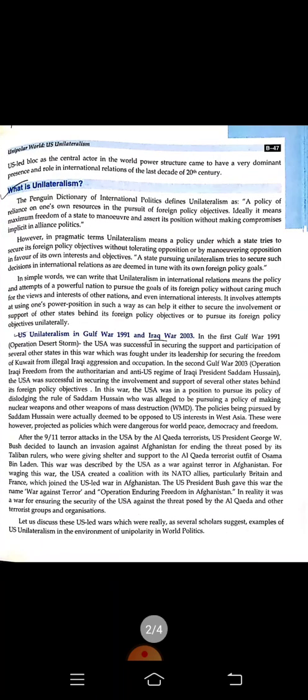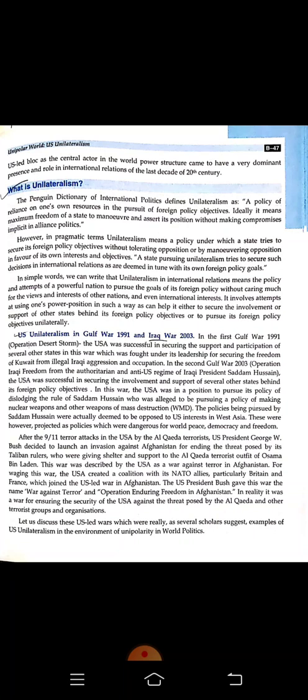The policies being pursued by Saddam Hussein were deemed to be opposed to US interest in West Asia, and dangerous for world politics, democracy, and freedom.